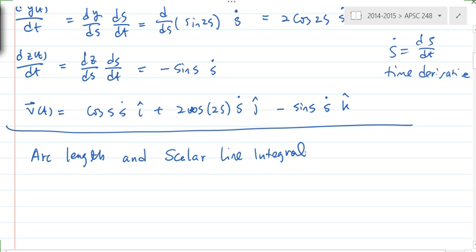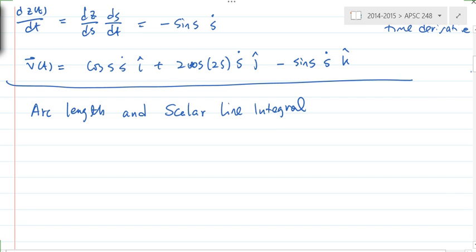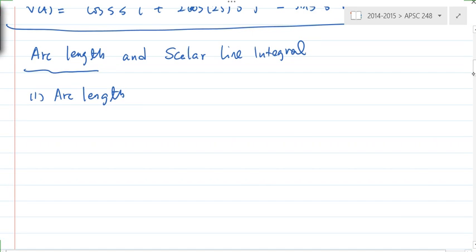All right. So I'll explain what this is. But let's look at the arc length first. So we're going to make use of the vector functions. So first it's arc length. The name pretty much explains itself.